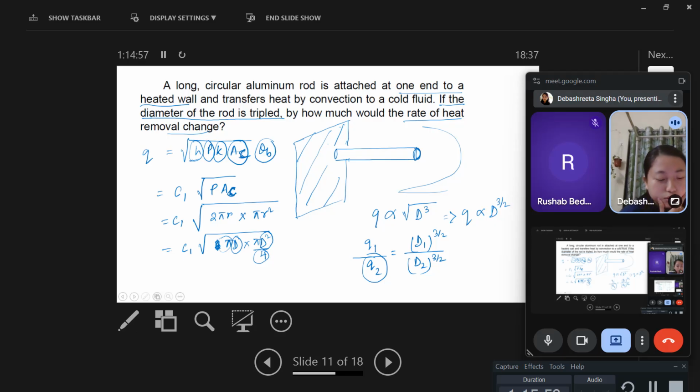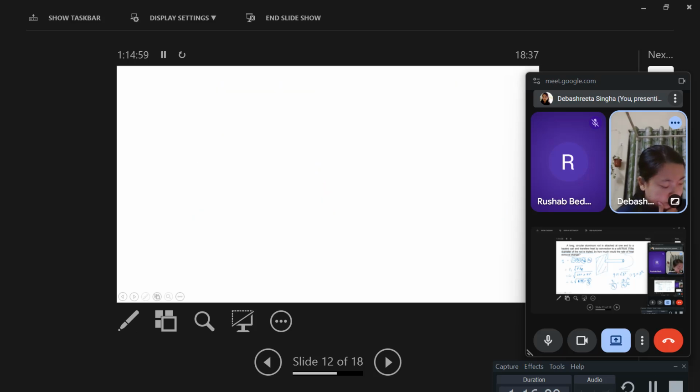We can go to the next page. The second diameter is given as triple of the first diameter. d will get cancelled out.